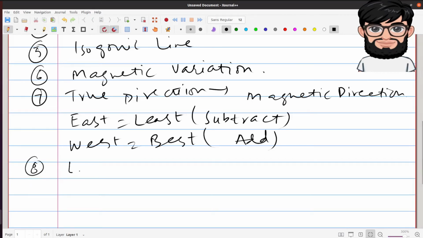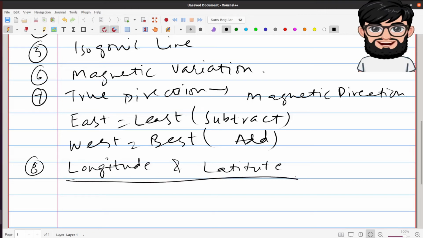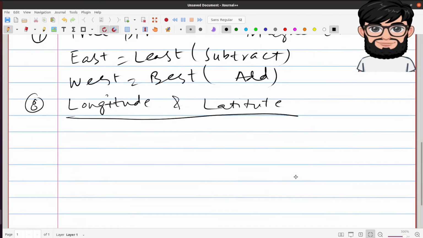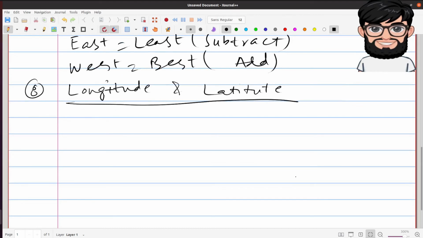Okay, briefly I wanted to talk about longitude and latitude. It's what we read in science, nothing different. These are the circles parallel to the equator, and parallels of latitude enable us to measure distance in degrees, latitude north or south of the equator.